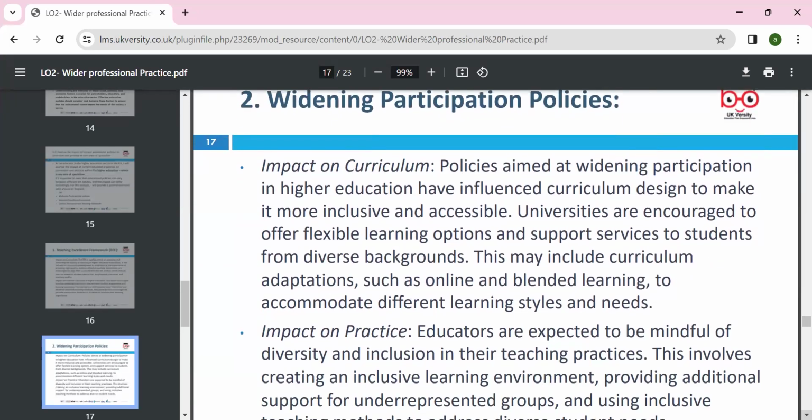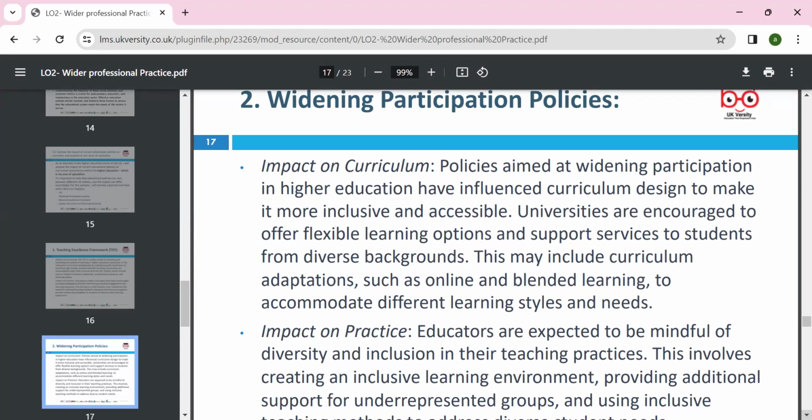Impact on the curriculum: widening participation in higher education influences curriculum design to make it more inclusive and accessible, and universities are encouraged to offer flexible learning options like blended learning, distance learning, and various other ways of learning, supporting services for students from diverse backgrounds.